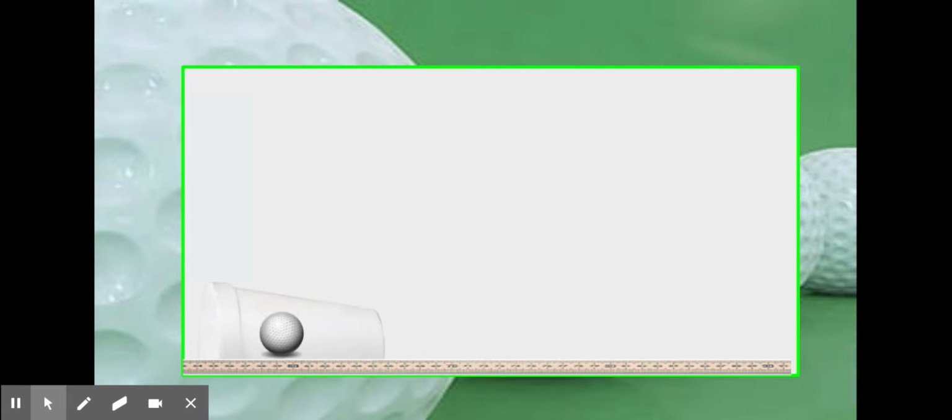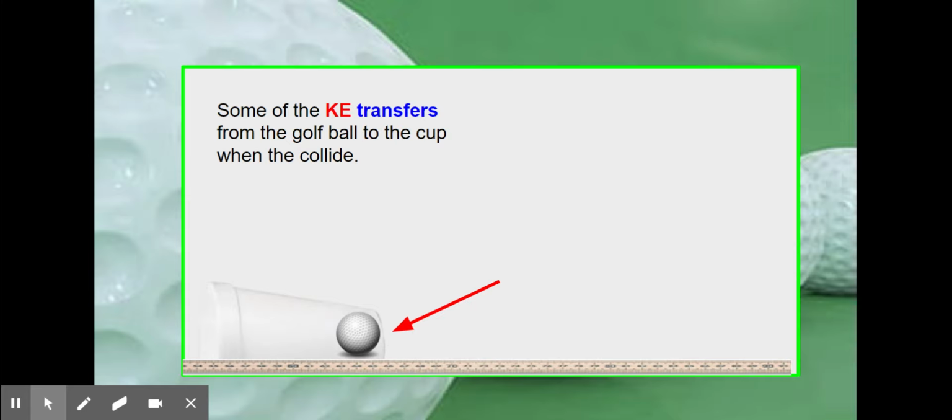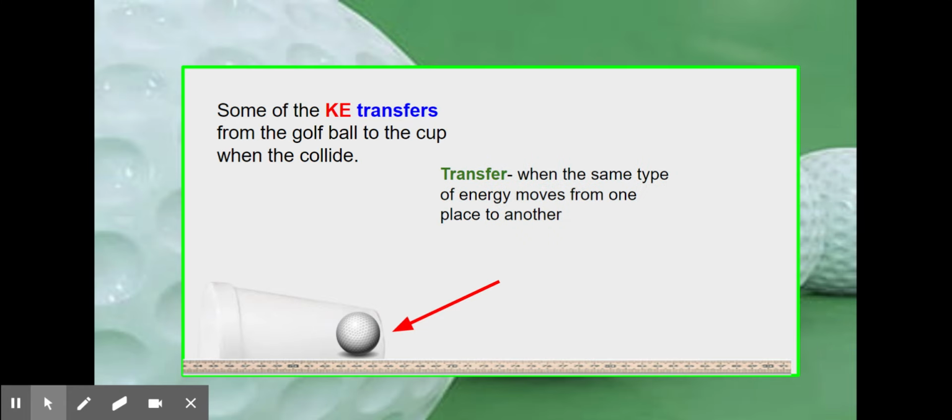As that golf ball's rolling across the table, it hits the back of the cup. And when the golf ball and the cup collide, some of the kinetic energy transfers from the golf ball to the cup. And remember, a transfer is when the same type of energy moves from one place to another.